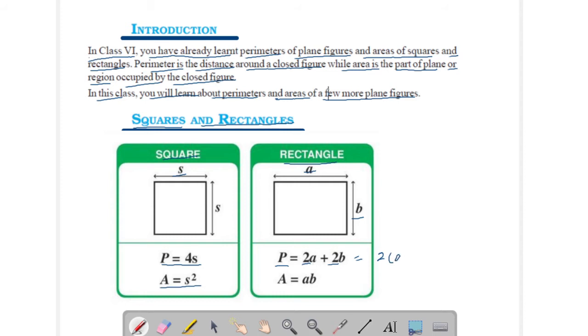A plus B. Therefore perimeter of rectangle can also be written as 2 times within the bracket A plus B, and area of rectangle is equivalent to AB, that is length into breadth.